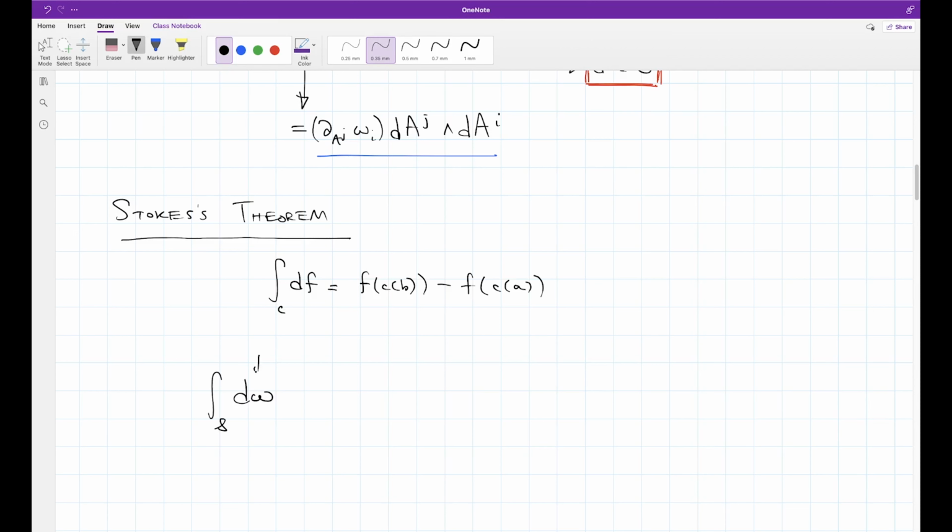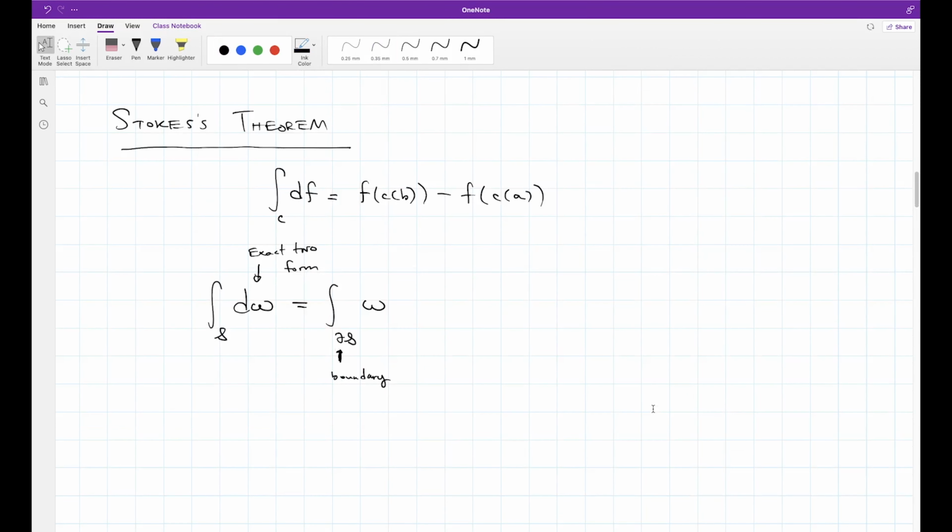So we have an exact 2 form. Then this is the same as the line integral of the 1 form on the boundary of S. Okay, so we use this partial symbol for the boundary. And you may have seen that in a math course before.